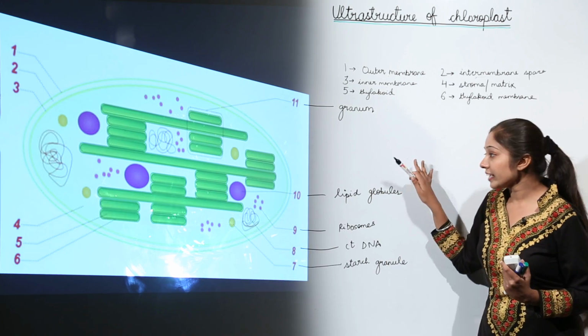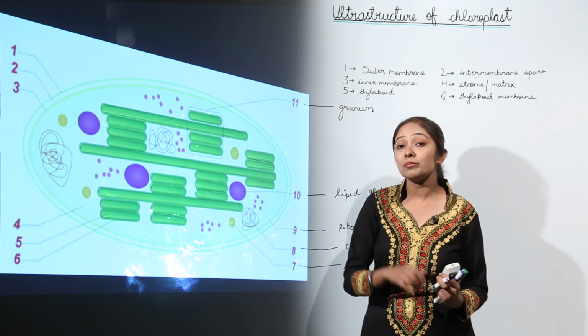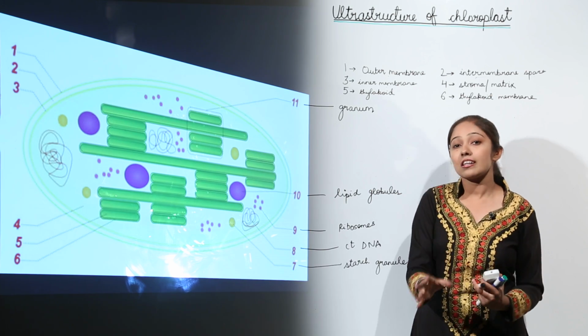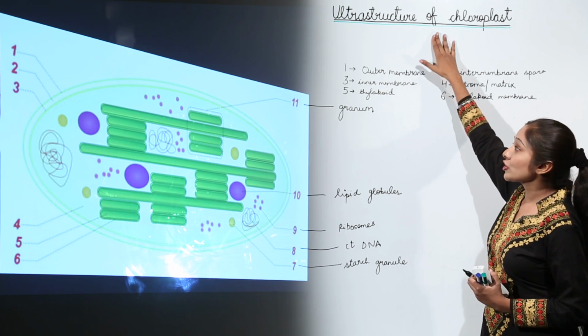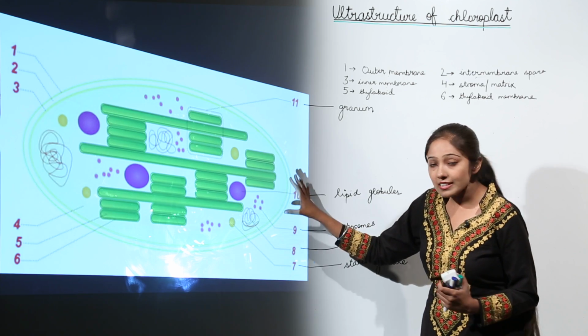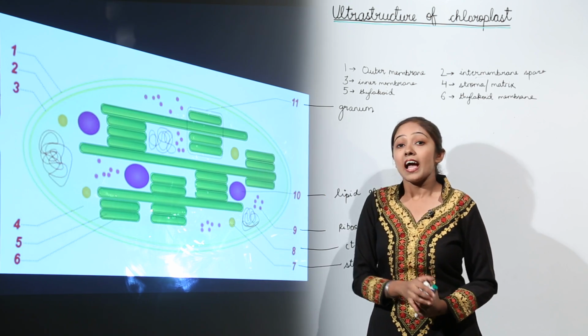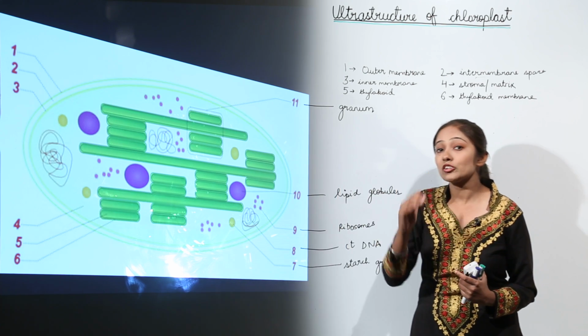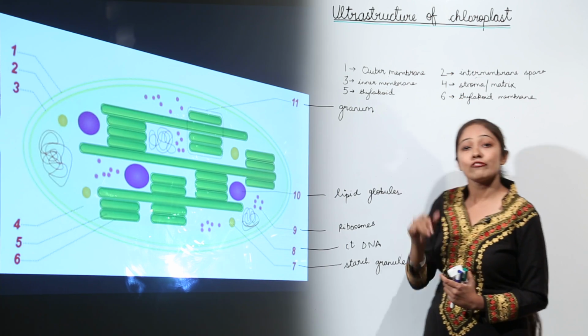So after labeling this, I hope this ultrastructure is very clear to you in greater detail, and you will be able to attempt each and every answer in the examination. Regarding this ultrastructure of chloroplast, because we have done it in greater detail, just draw this diagram in your notebooks at your places and label each and every part, and just recall what we have discussed so far in this context of ultrastructure of chloroplast.